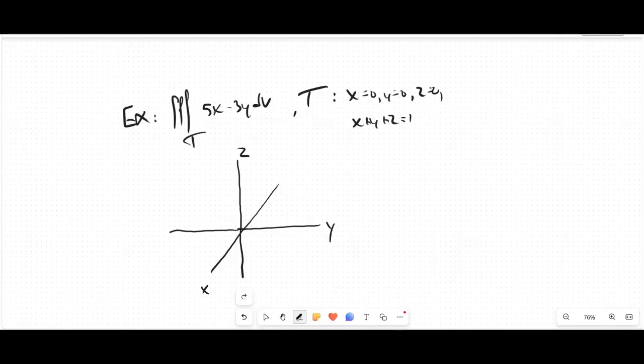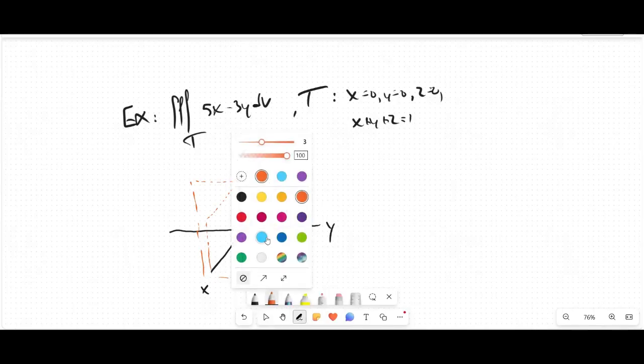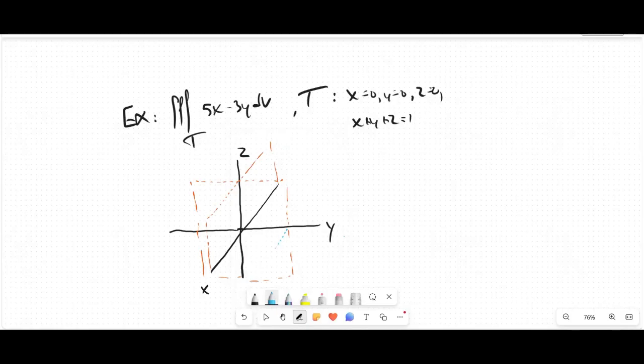Well, there's this one plane, x equals 0. That's this guy right here. x has to be 0, but y and z can change. Okay. There's another plane, y equals 0. That's this guy here. Is, of course, let's try to use a different color, z equals 0.